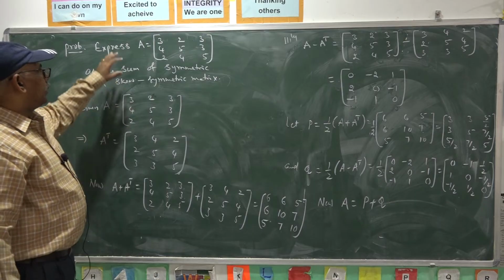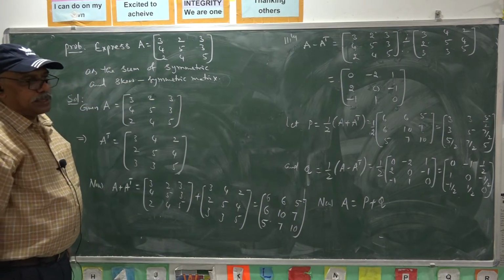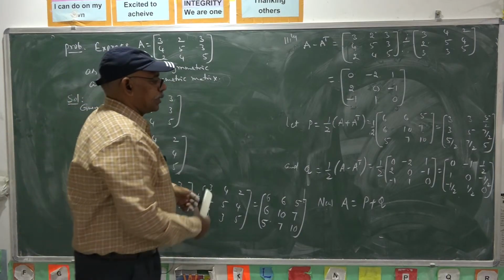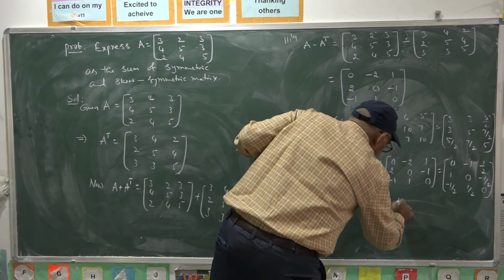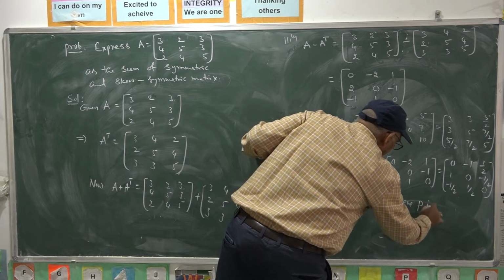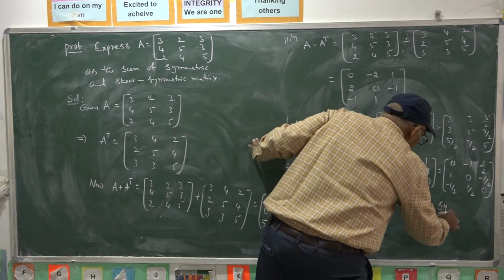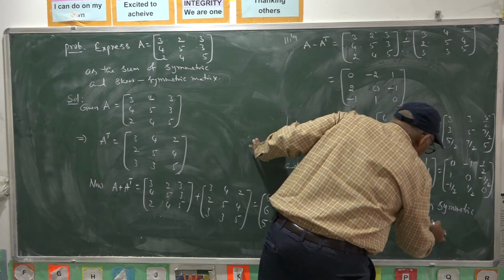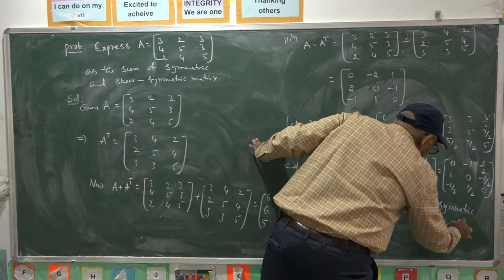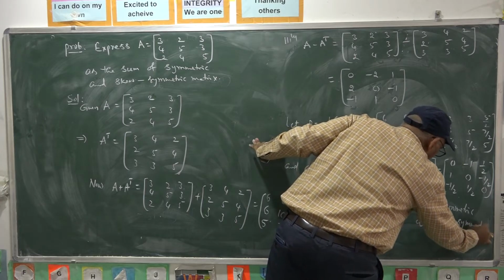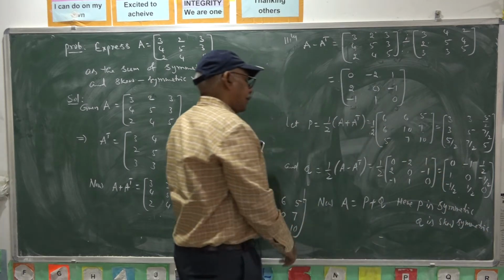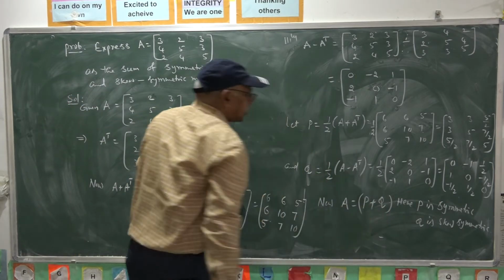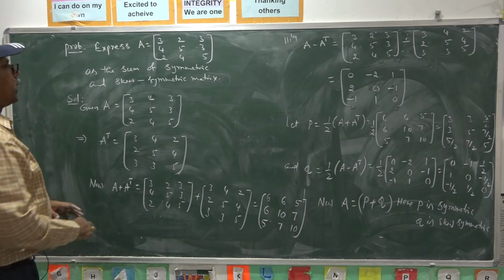So every square matrix can be expressed as sum of symmetric and skew symmetric matrices.